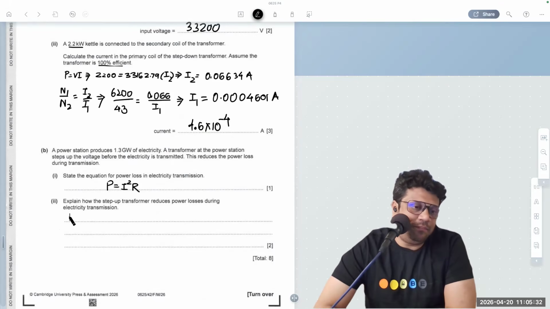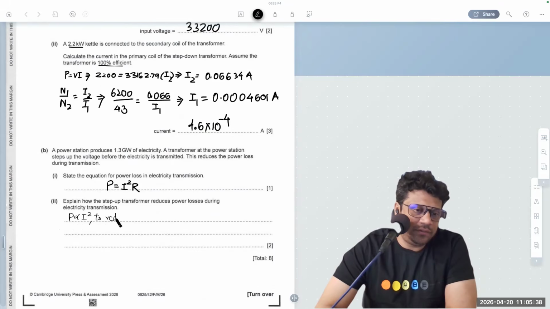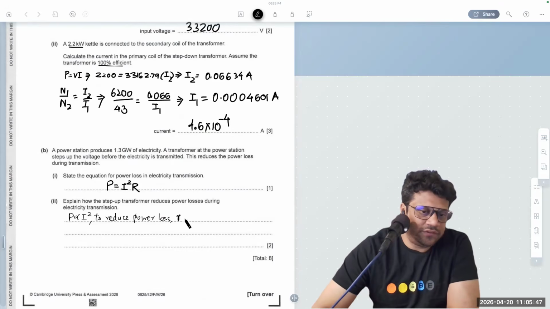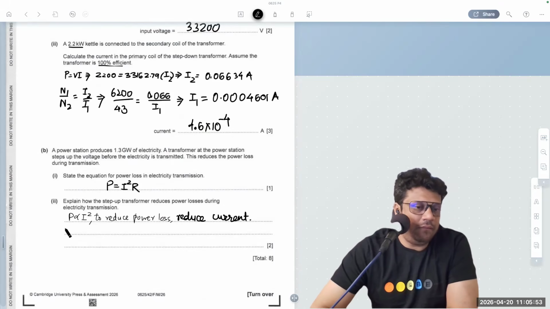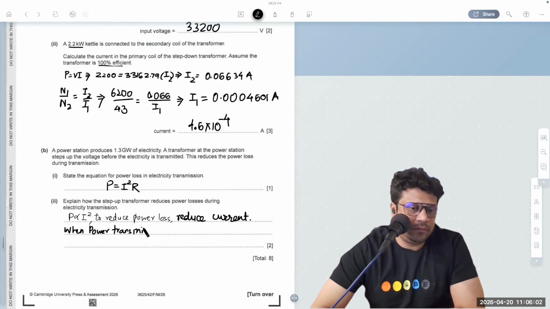I'd be like, power is proportional to I square. To reduce power loss, reduce current when power is transmitted at 100% efficiency, V1 I1 equals V2 I2.